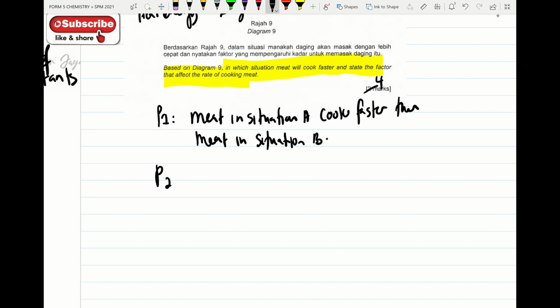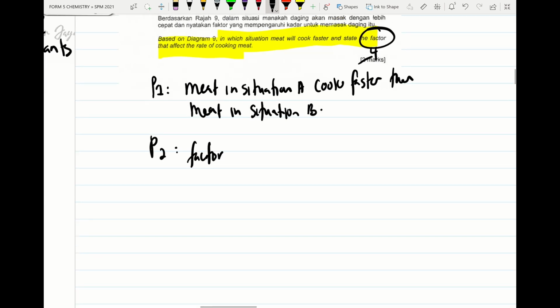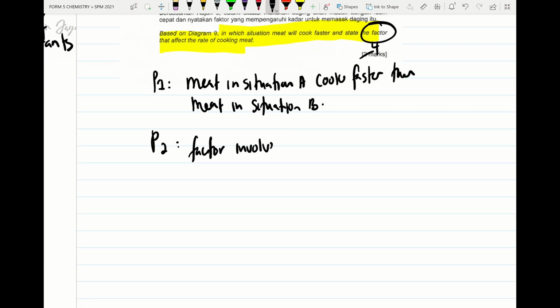Point number 2: what is the factor involved in this situation? The factor involved is size of reactant.